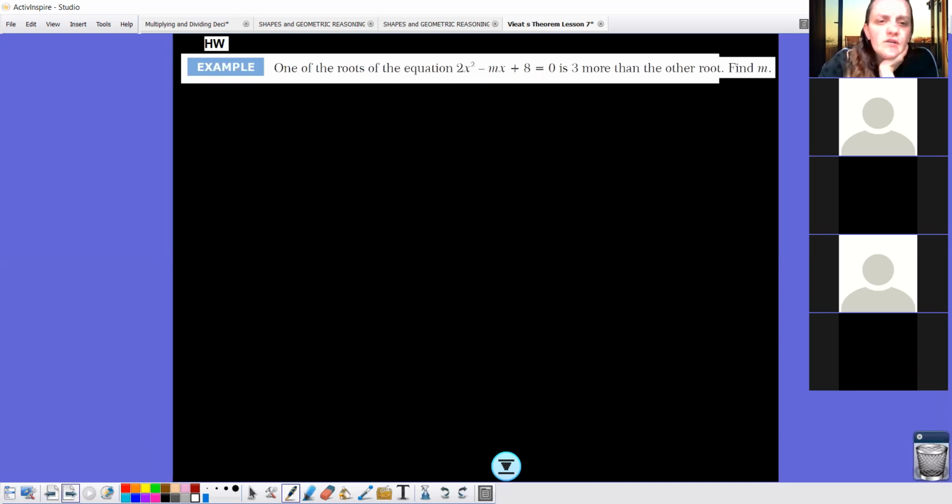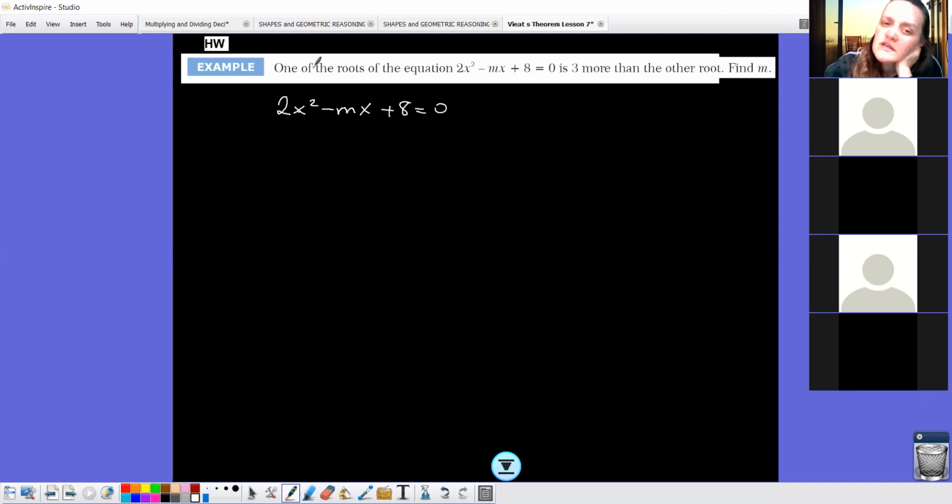Here it says one of the roots of the equation is 3 more than the other root, and find m. Here we have the equation 2x squared minus mx plus 8 is equal to 0.